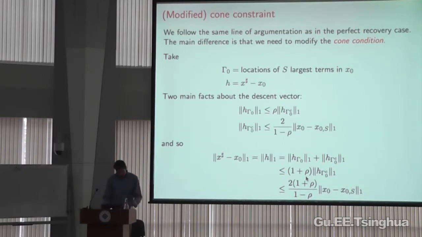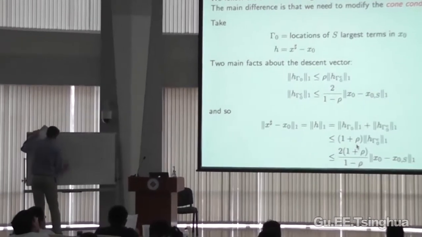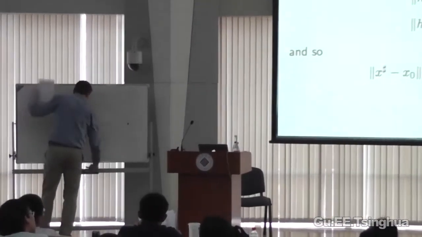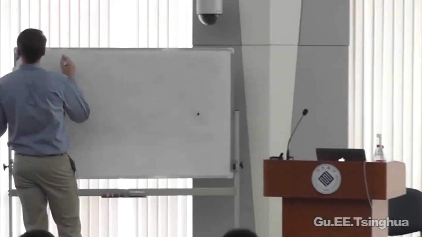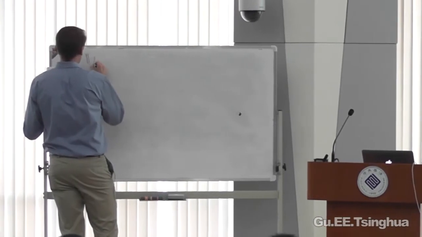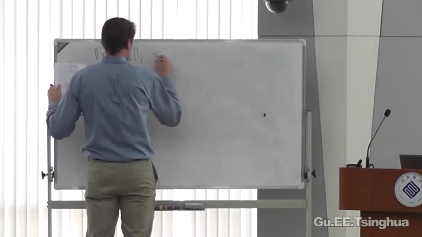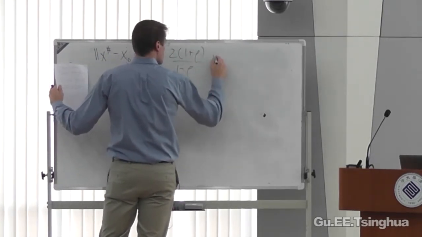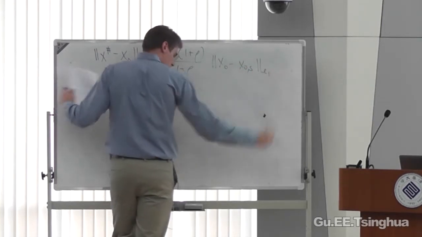So we might write that down. We look at basically this: x sharp minus x naught in the one norm is less than 2 times (1 plus rho) over (1 minus rho) times x naught minus x naught's best s-term approximation, in the one norm.